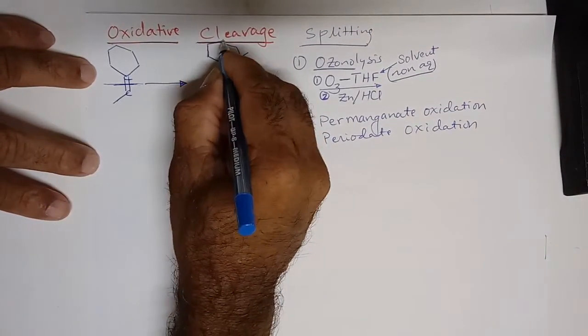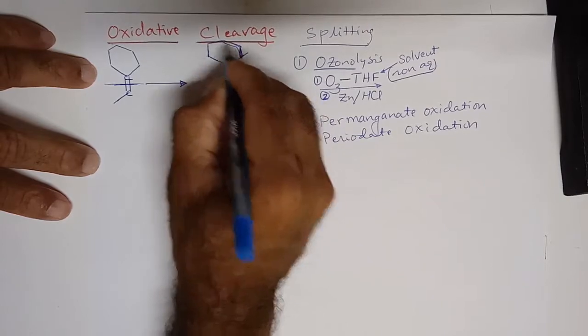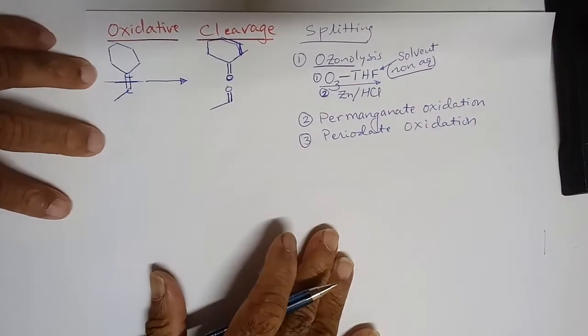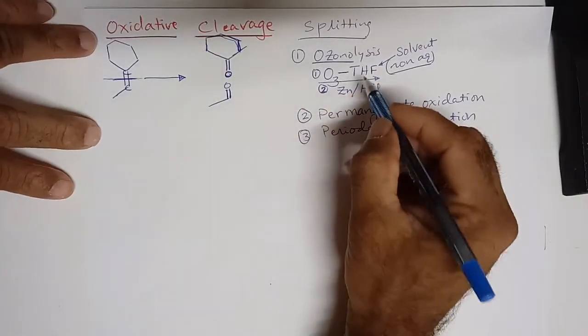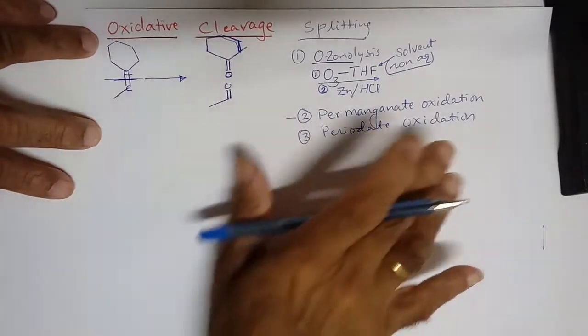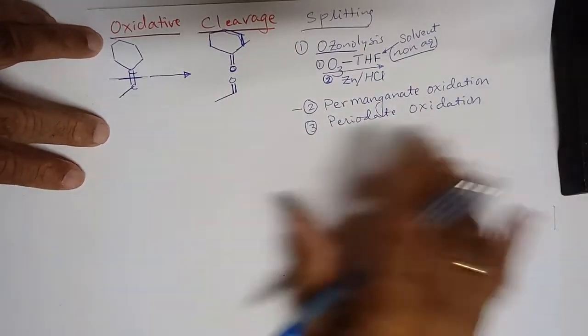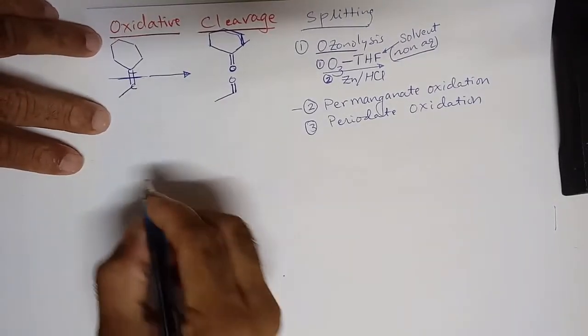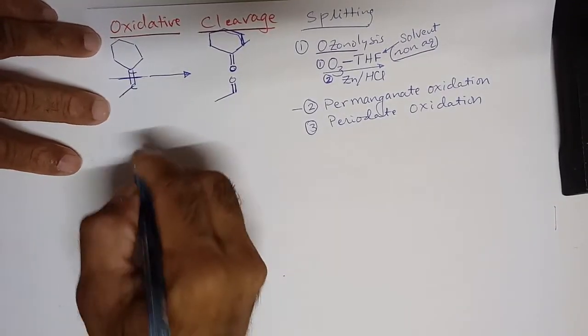Nothing happens to the rest of the molecule. Only the carbon-carbon pi bond is broken. Let's focus on ozonolysis first, then deal with permanganate. Periodate oxidation is going to follow a similar suit, so we don't have to put too much of our time into it.